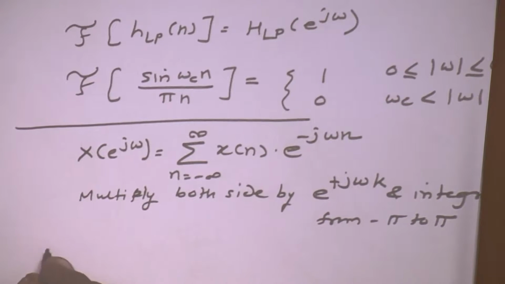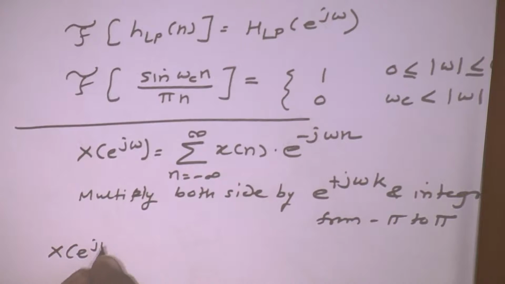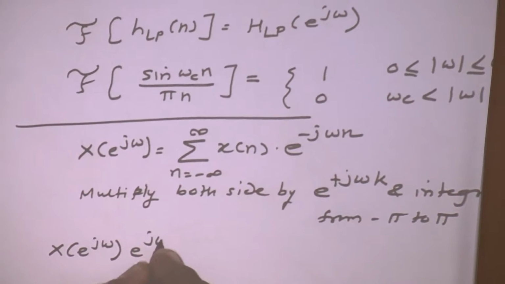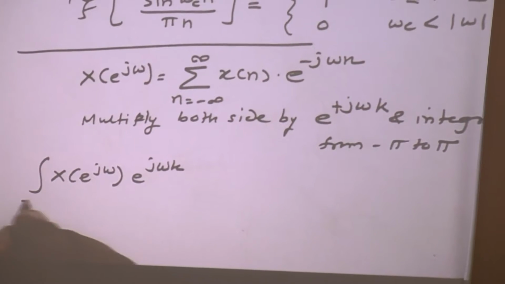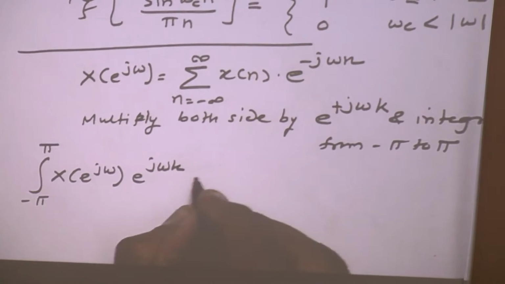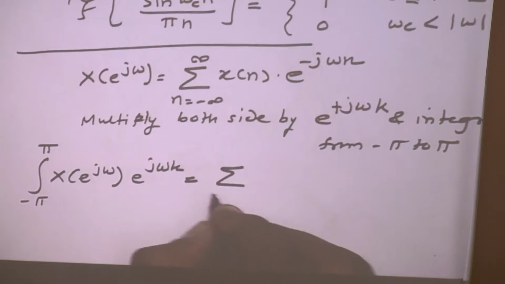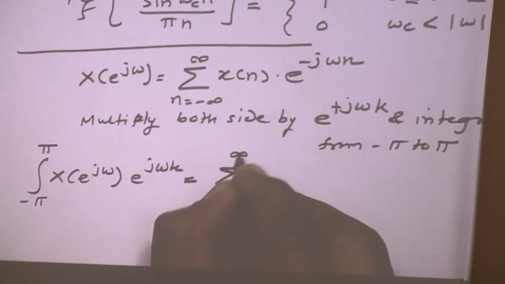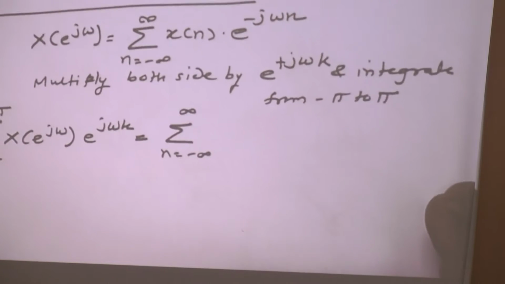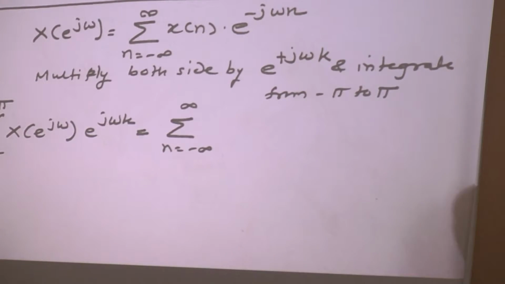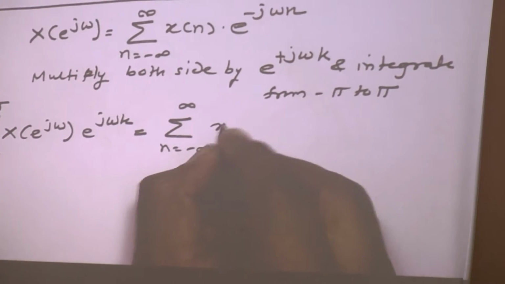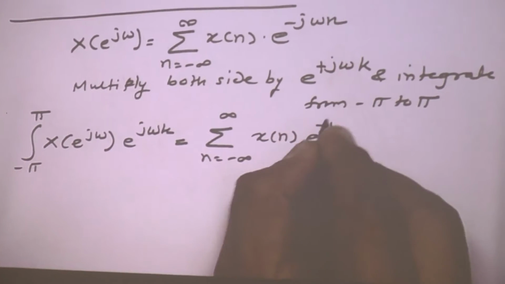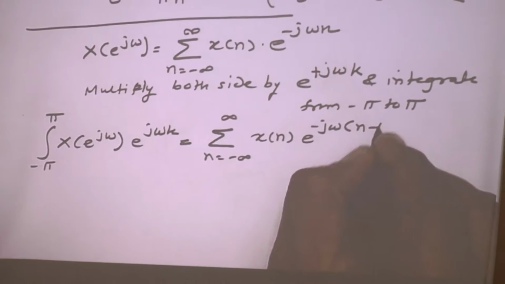So, what happens? X e to the power j omega e to the power j omega k integration from minus pi to plus pi is equal to summation n going from minus infinity to plus infinity x n e to the power minus j omega n minus k.